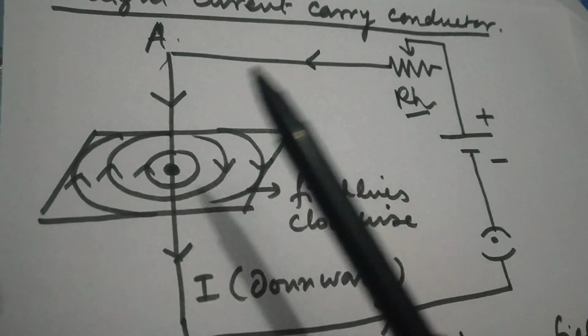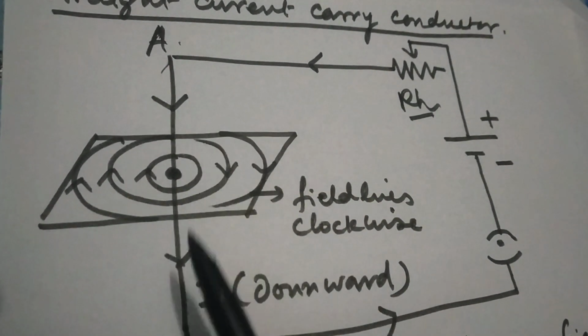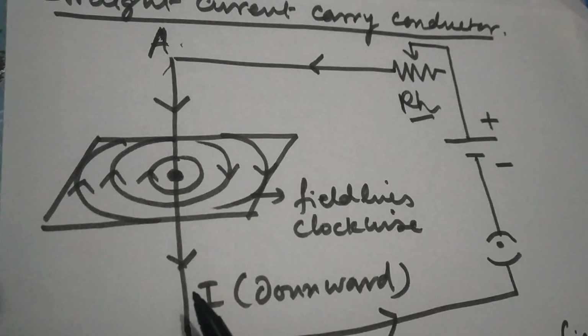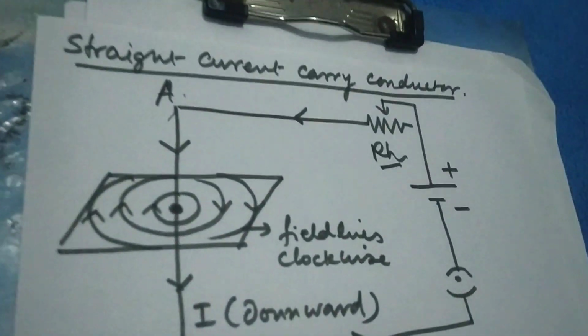The current direction flows from plus to minus. This is going down. So if the current is going down and you apply the rule, my fingers are rotating in the clockwise direction.